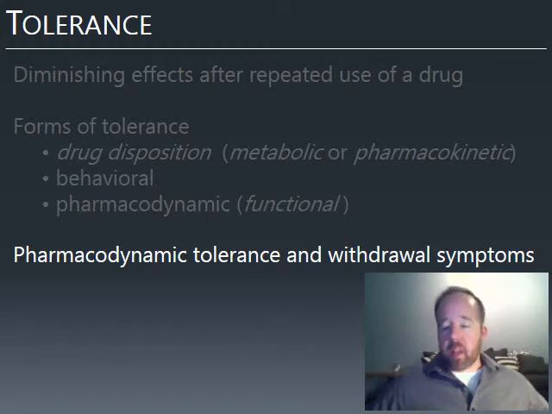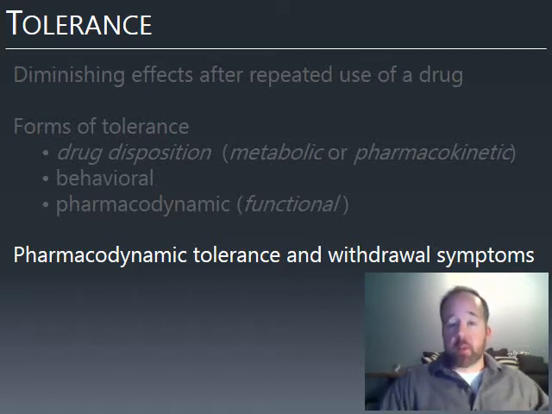And pharmacodynamic, that last form of tolerance, is mainly what's responsible for withdrawal symptoms. So if the brain comes to expect, so to speak, a certain amount of morphine in the system, then once that morphine is taken away, instead of being sensitive to pain at a normal level, because the system is accommodated, has gotten used to the amount of morphine in the system, now you can be super sensitive to pain once that morphine is taken away.